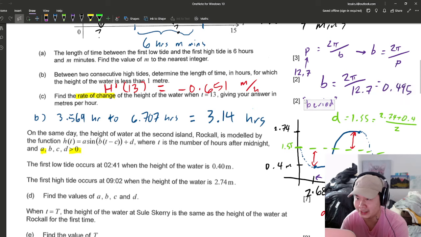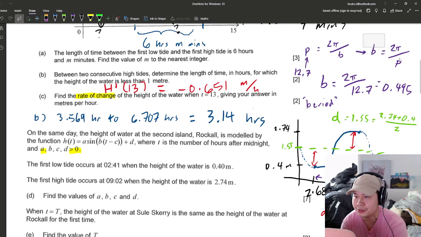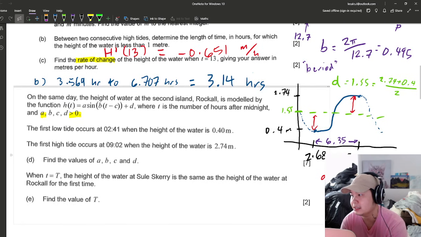It's related to period, but it's not quite the period. They're related through this relationship here, right? 2 pi divided by one of them is the other one.